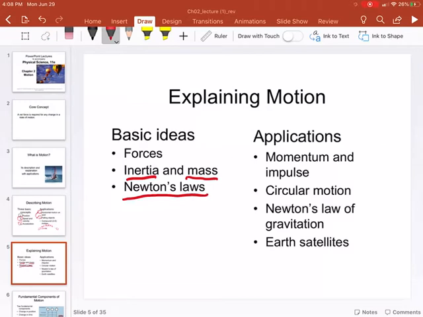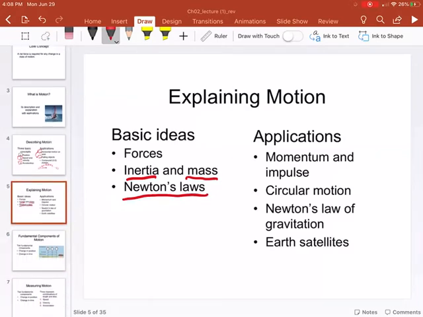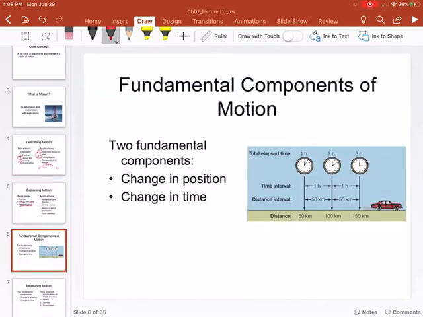And then again, it goes into these applications that we briefly talk about, such as momentum and impulse. And then we talk about circular motion, kind of like satellites or something orbiting. Think of it like that. Newton's law of gravitation and how things are attracted to one another. We'll go on a little bit further into that. And then satellites.